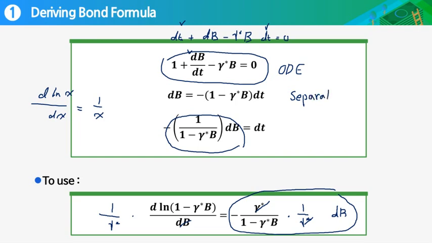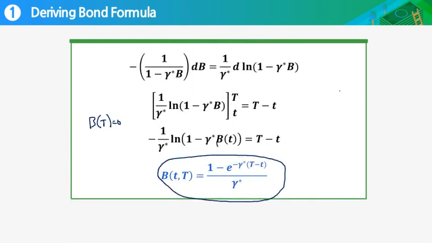We separated B and t, right? Separation of variables. So in order to solve this ordinary differential equation, we separate B and t, and by using this separation of variables technique, we can solve B. So this is the solution B.